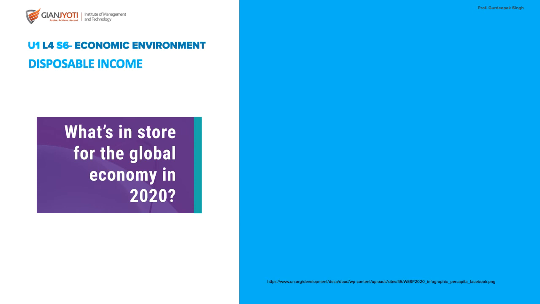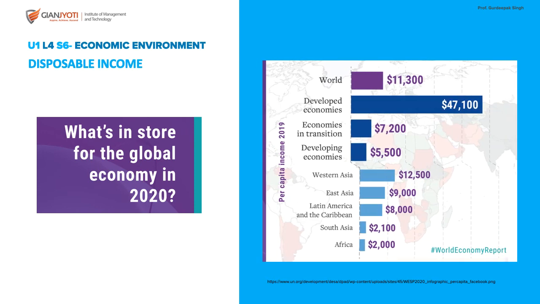So what's in store for the global economy? Let us look at the disposable income for 2020. Remember, these predictions were made for 2020 before the pandemic. These are in US dollars. The world is at 11,300 per capita income. The developed economies are at $47,100.